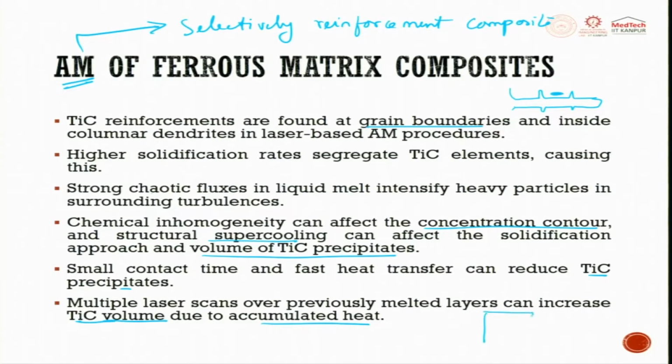For example, if you have a zone of a composite like this, in this zone you can have TiC rich, in this zone you can try to have TiC lean, okay, and in between you can have a moderate region. So, now you are able to play with this property since additive manufacturing is used here.